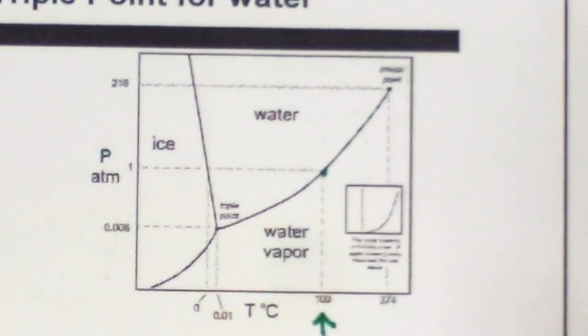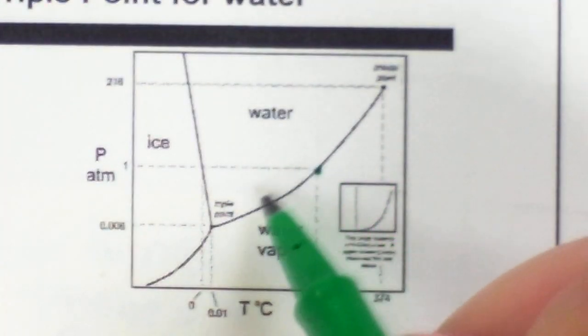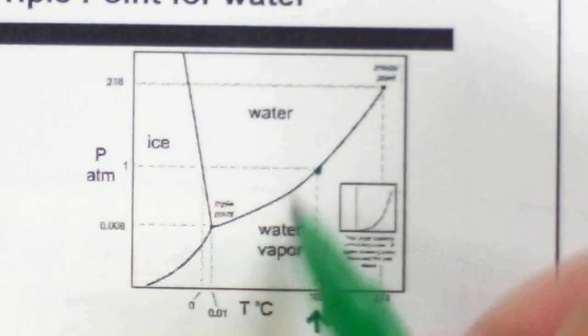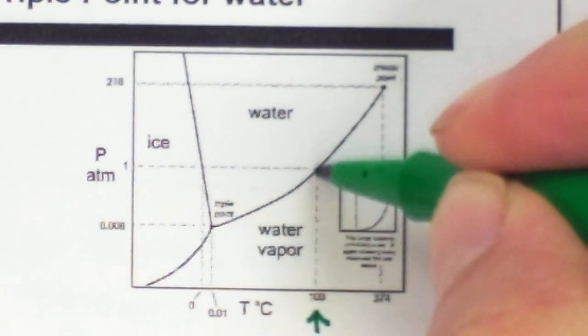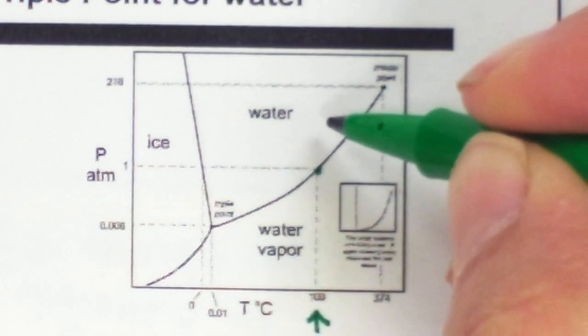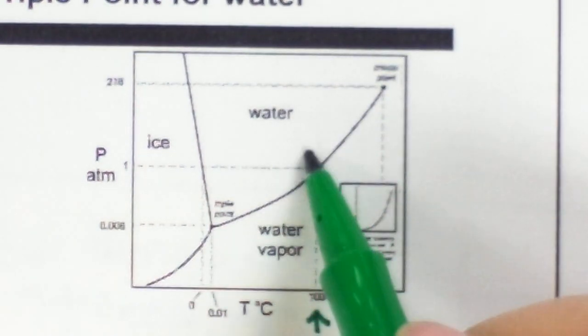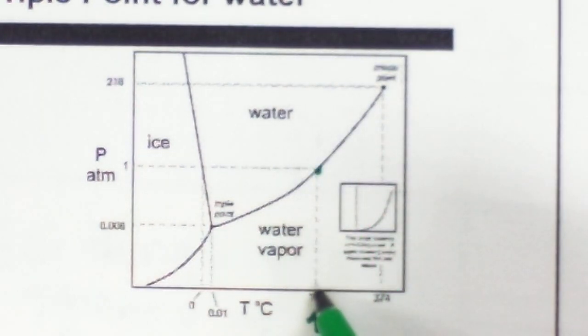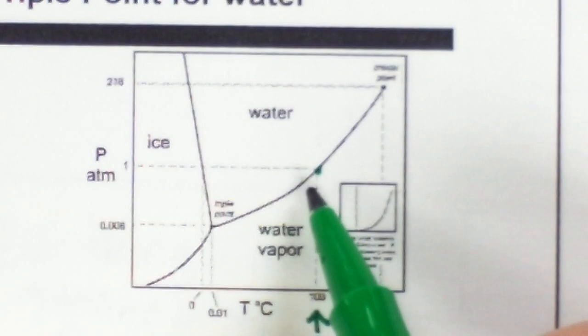Excuse me. And that is the border between liquid and gas, water vapor and water. So that is, right here, vaporization or boiling. That's what that is, between liquid and water vapor. So that is boiling right here. And that makes sense. 100 degrees Celsius, 1 atm is at that border, that line between liquid and gas.